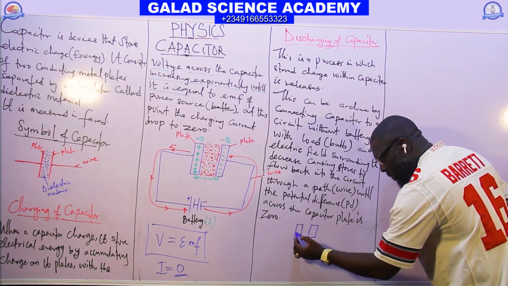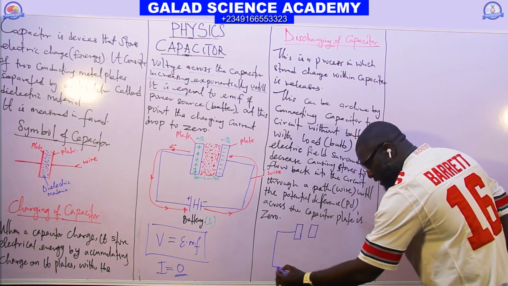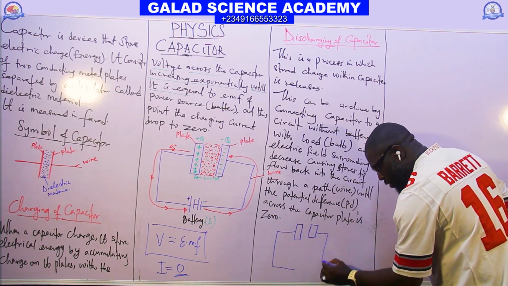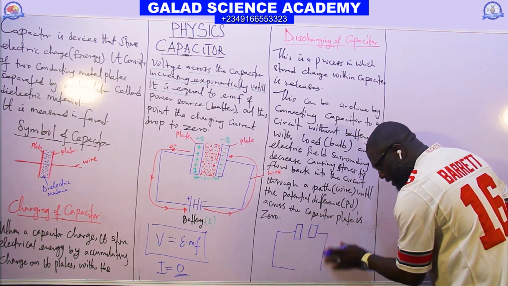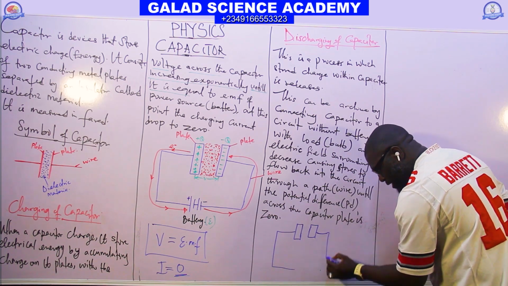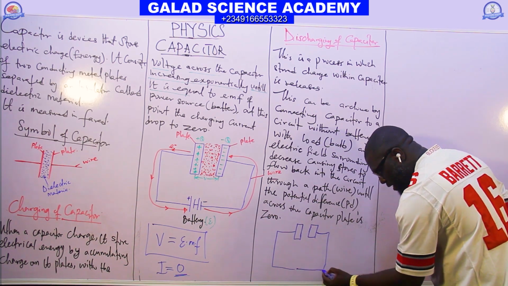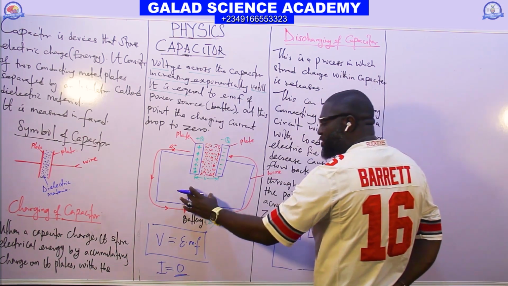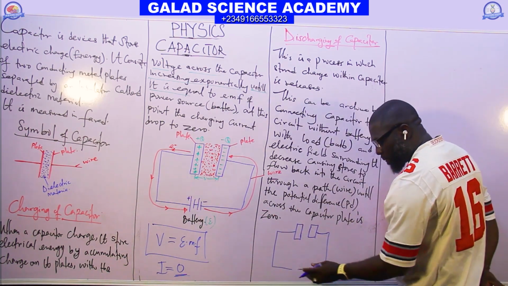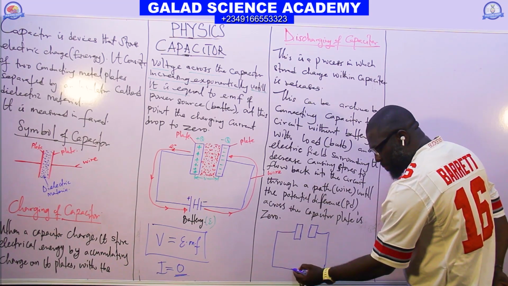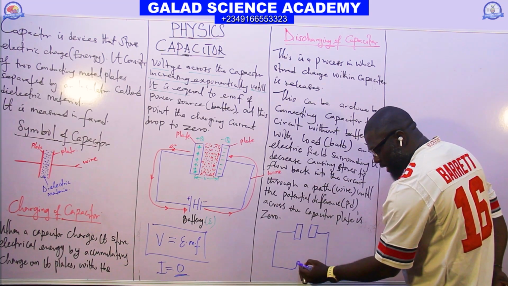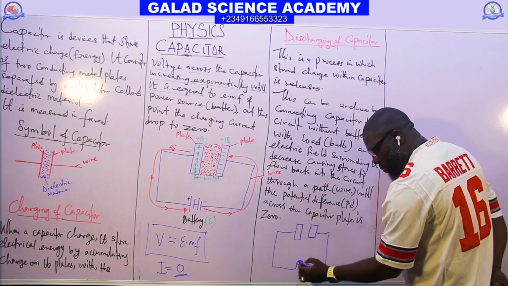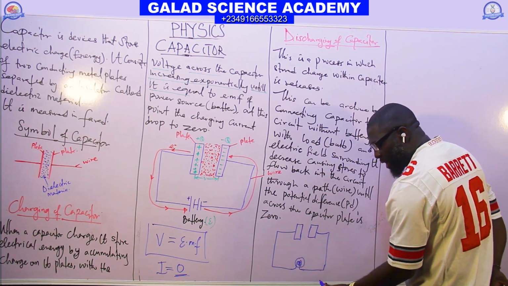It will go like this. So instead of having a source there, which is a battery, assume I now replace it with an electric bulb.